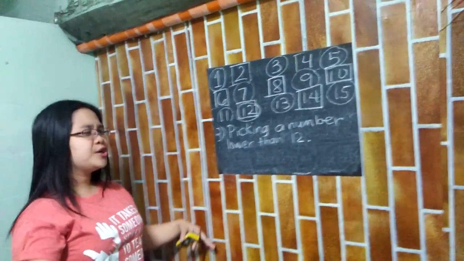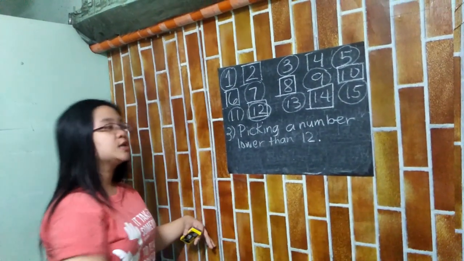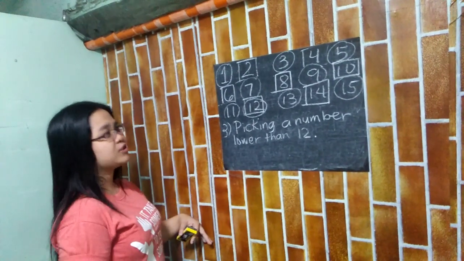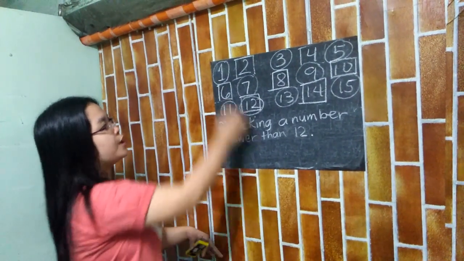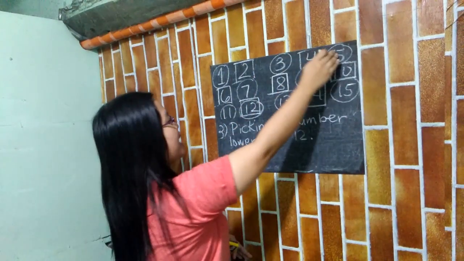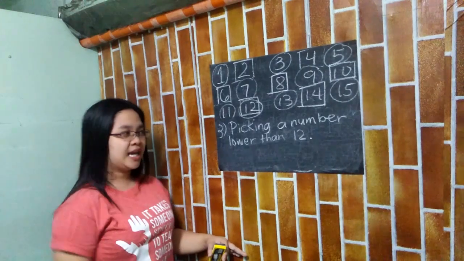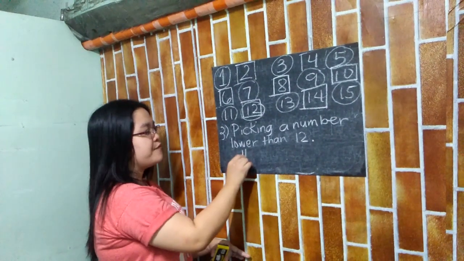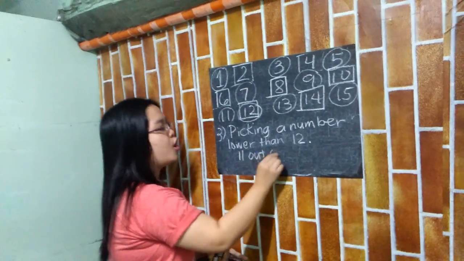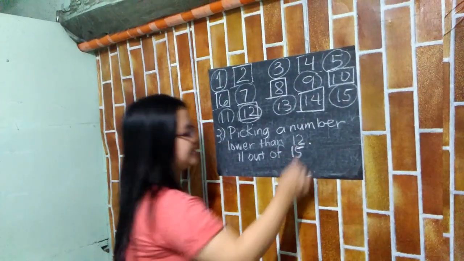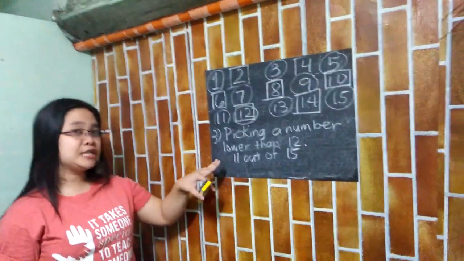So what are the numbers that can be found below 12? So basically it's from 11 to 1. So let us count how many are those numbers. 1, 2, 3, 4, 5, 6, 7, 8, 9, 10, 11. Okay? So we have 11 out of, what's our possible outcome? 15. So this is the chance in numbers.